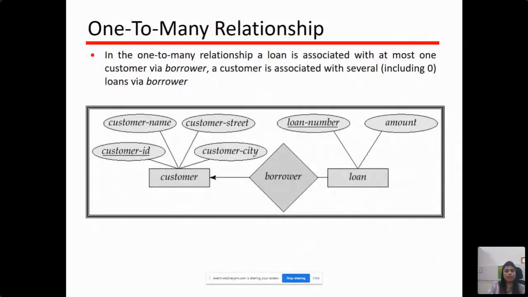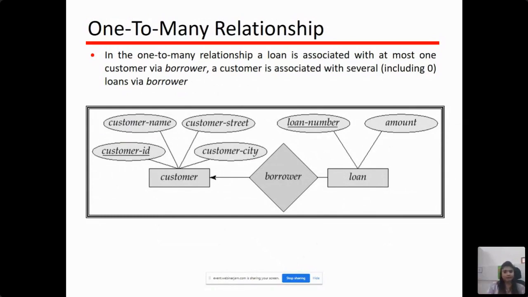So we have restricted that a loan can be associated to only one customer at the most. It cannot be linked to many customers. Suppose a customer has taken a loan of 10 lakhs. We cannot relate that particular loan to multiple customers. The liability is of only that particular customer who has actually taken the loan or who has actually borrowed it from the bank.